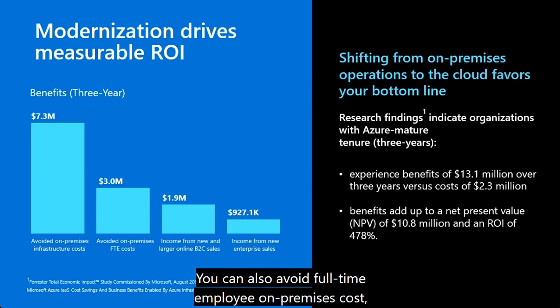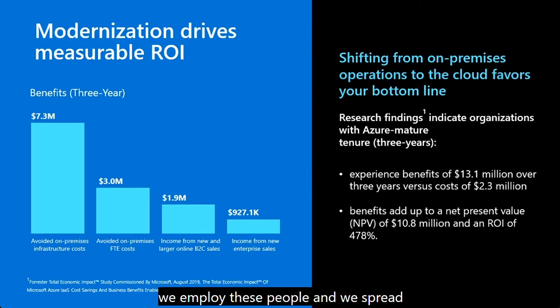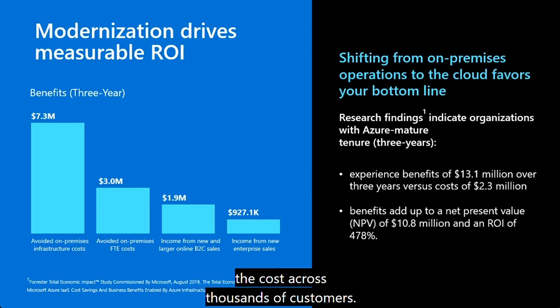You can also avoid full-time employee on-premises costs because it takes a lot of people to run a data center, especially if you're a medium to larger size organization, you have to pay a team of people for the upkeep. Whereas, for a major cloud services provider such as Microsoft, we employ these people and we spread the cost across thousands of customers.